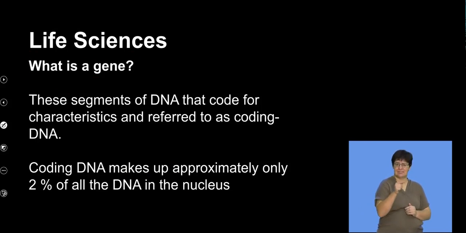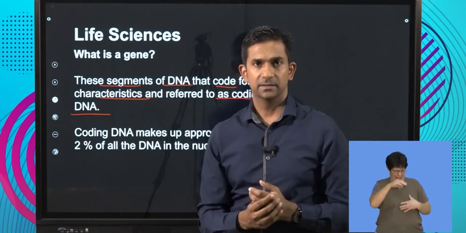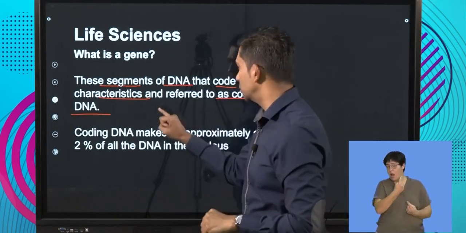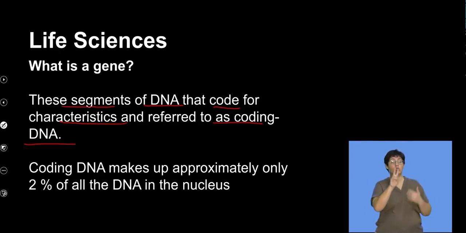So a gene, if we were to describe that, is a segment of DNA that codes for a specific characteristic, which is referred to as coding DNA. It is important for us to understand that we have lots of DNA, but not all of that DNA codes for characteristics. It is said that only 2% of our DNA actually codes for specific characteristics.